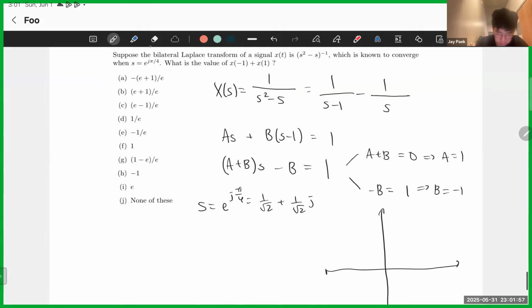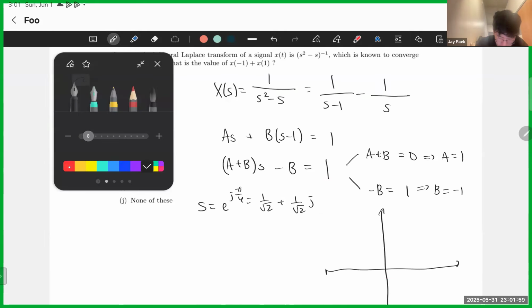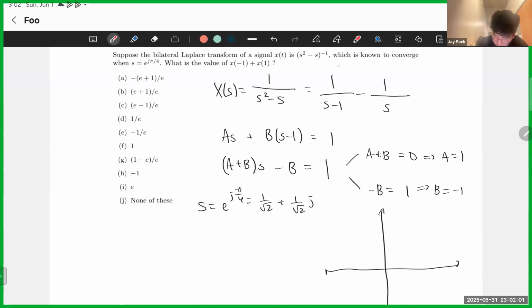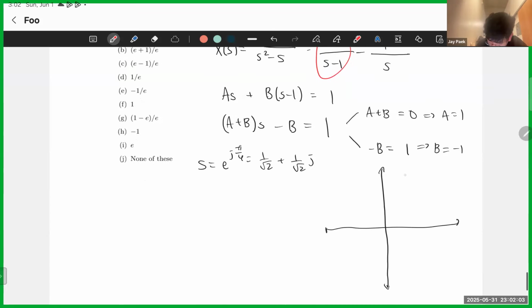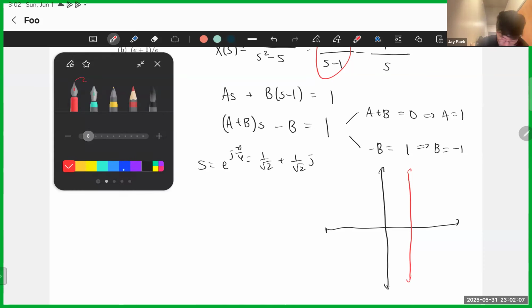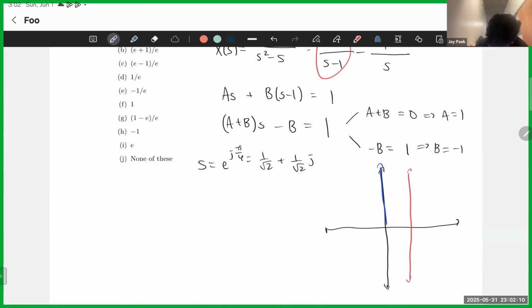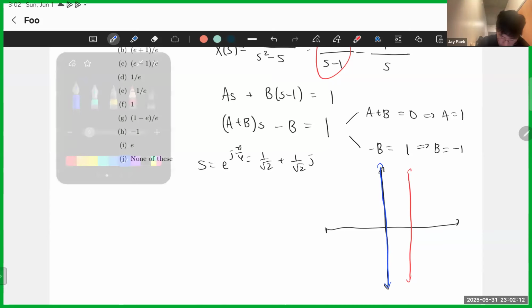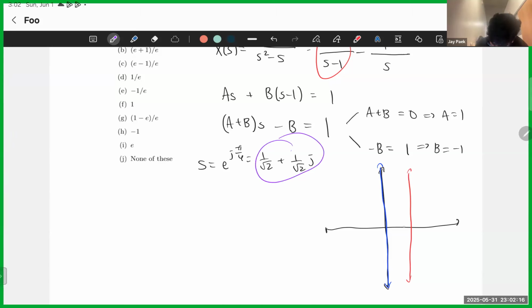I know that's way too big, but it doesn't really matter. Our regions of convergence, or our axes of convergence, as I like to think about it, are right here and right here. And we know that it's going to converge somewhere over here.